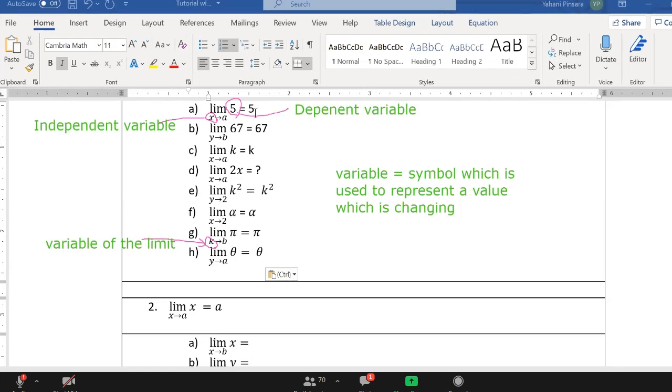Sorry, spelling mistake. Okay. So the independent variable we usually denote using the x axis, right?